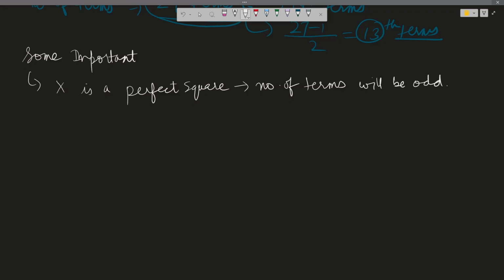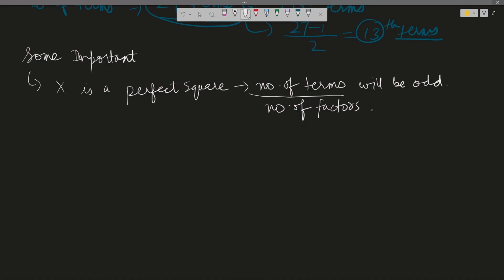When x is a perfect square, the number of terms will be odd. Now, what are these number of terms? These number of terms are the number of factors, right?